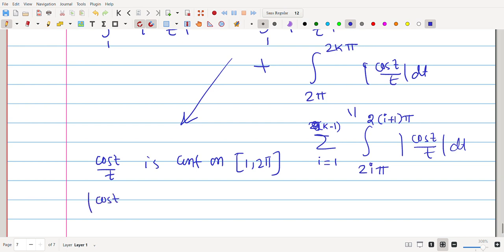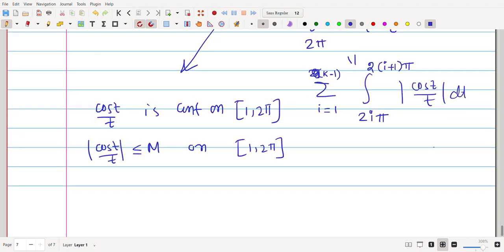So mod cos t by t is at most M on 1 to 2 pi. Then the integral from 1 to 2 pi of mod cos t by t dt is less than or equal to 2M pi, which is some finite quantity. So this part is fine.